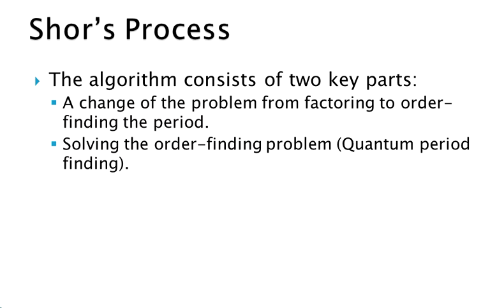It means finding the period using the quantum Fourier transform, and it is responsible for the quantum speedup. What I mean here is that the quantum Fourier transform is the one that helps in speeding up the quantum processes in quantum computers.